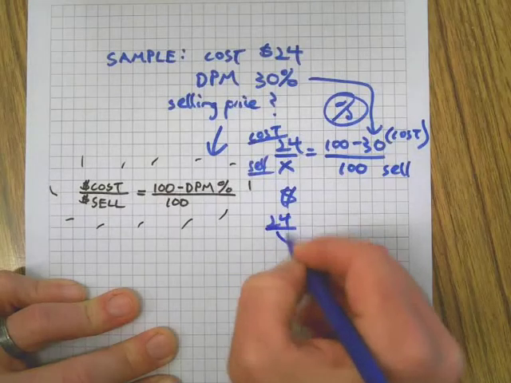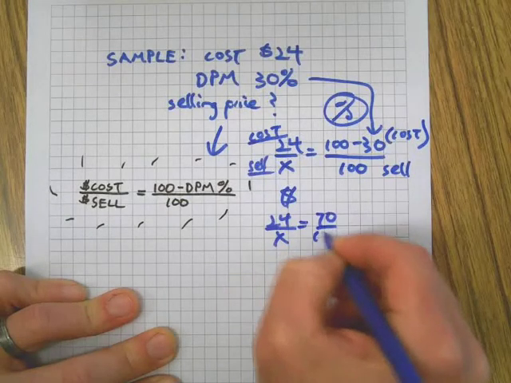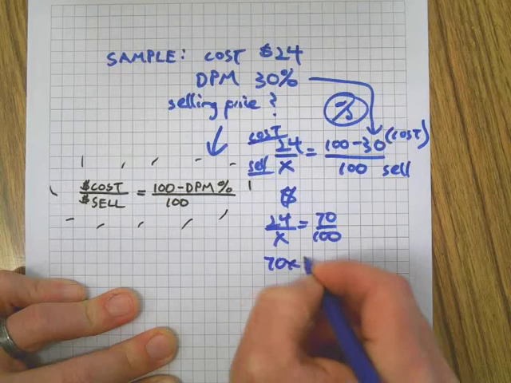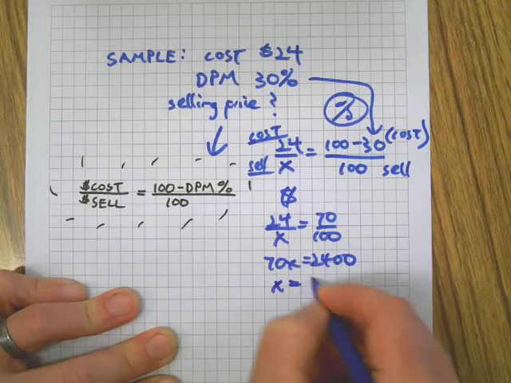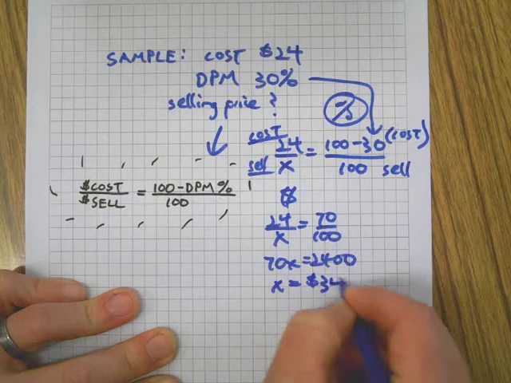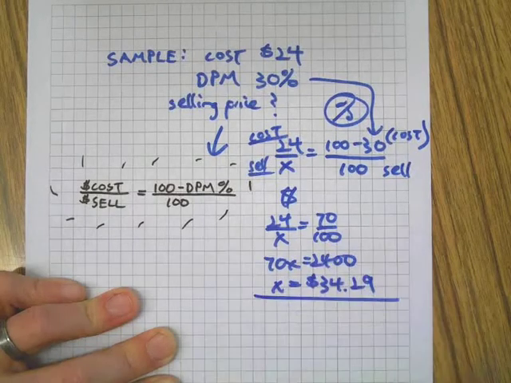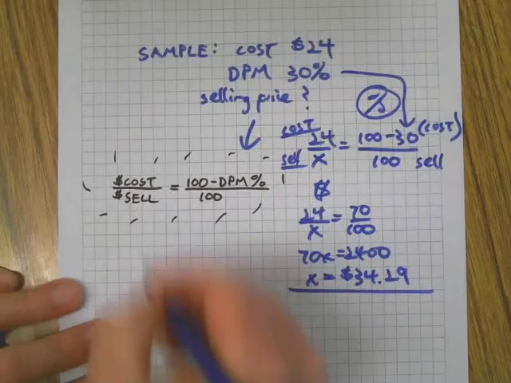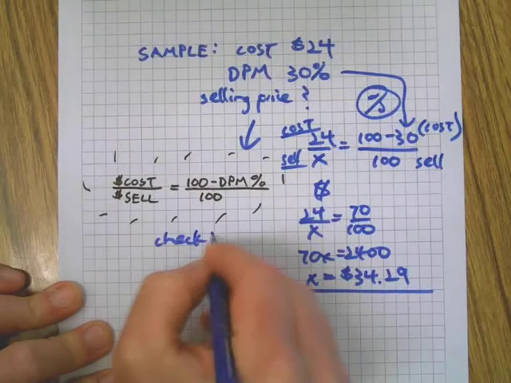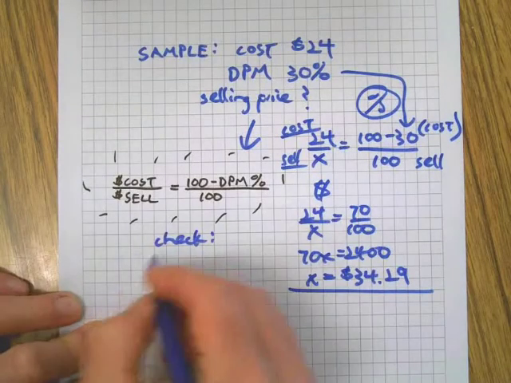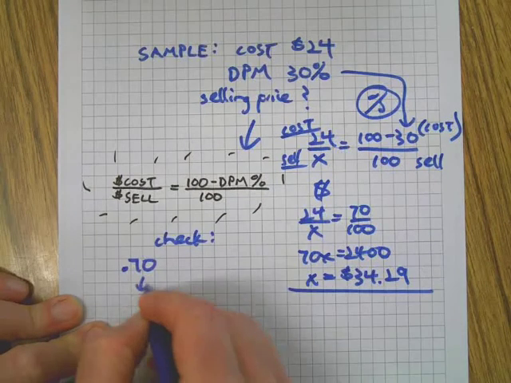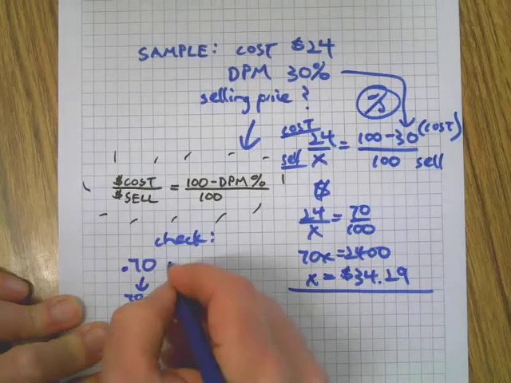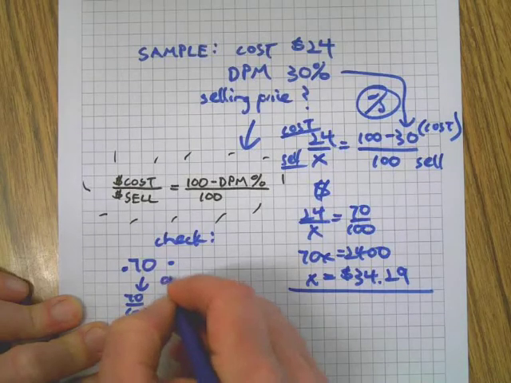Okay, we're going to cross multiply, after I simplify the right side here. And when I round off to dollars and cents, I get 34.29. And we're going to check it. How do I check it? Well, we take that 70%, because that decimal represents 70/100ths.